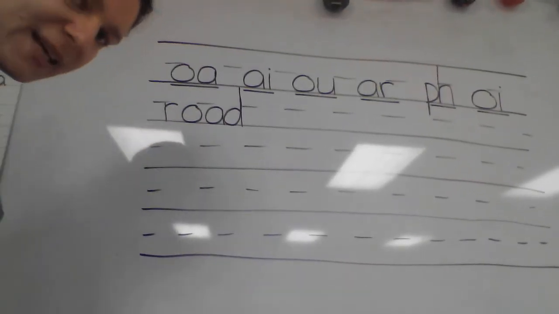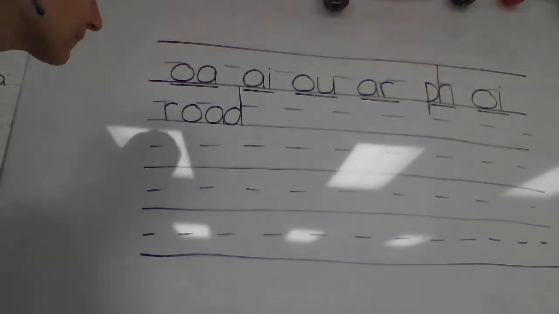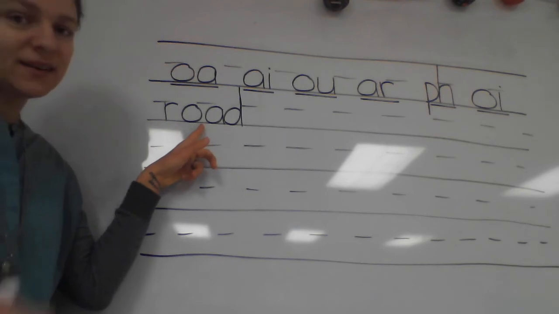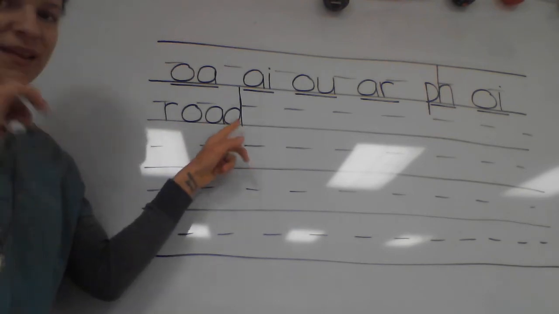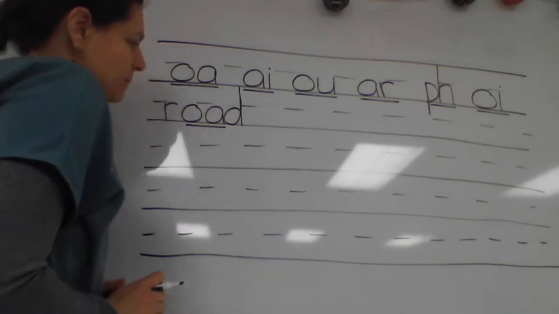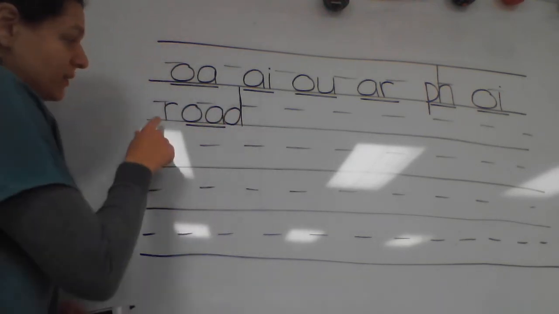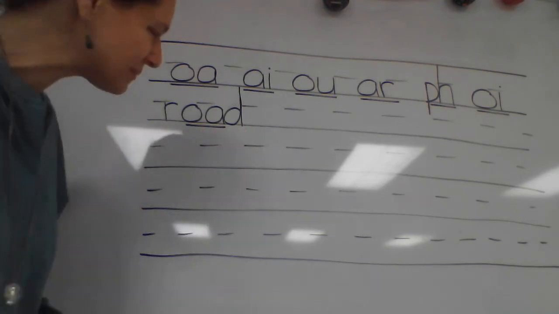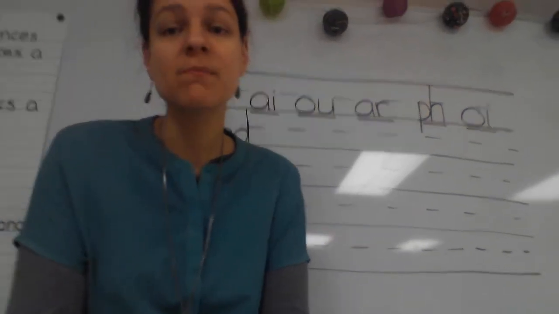Make sure your word looks like this. And let's mark it. Does this need a marking? How about this one? Good. This one? All right, pick up your pencil. And let's read our word. Good. Road.